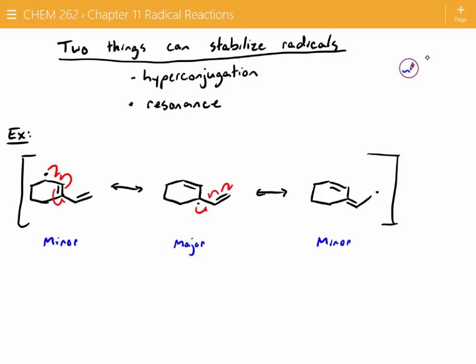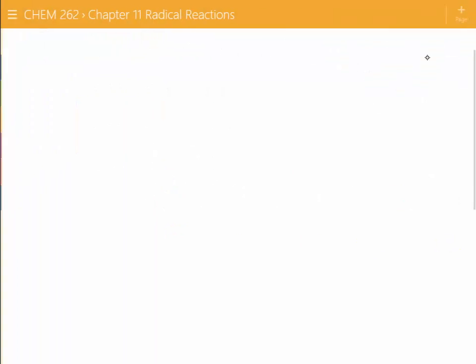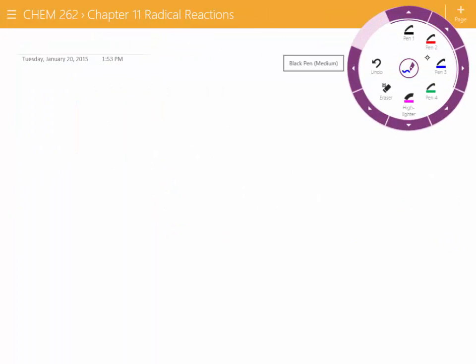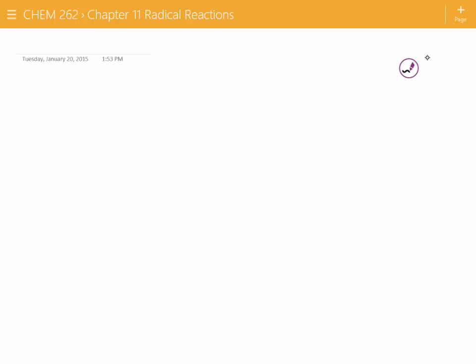All right, so the reaction classes are pretty similar to what we've seen before. They tend to fall into lumps. Actually, let me change this. Types of radical reactions.